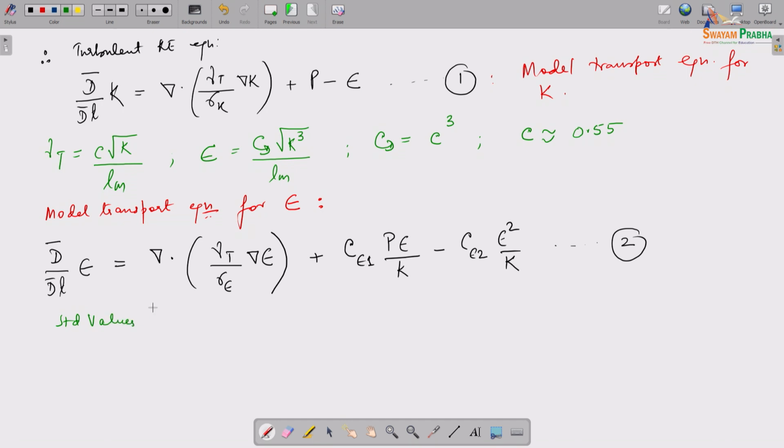So, these are some standard values, right. Okay. So, these are, okay. Okay.